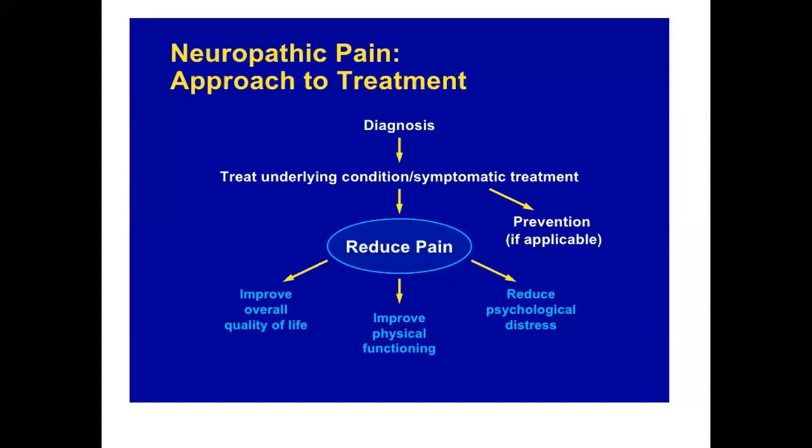At the end of the day, reducing psychological distress is also very, very critical. So treat the disease or the causative factor. If you're dealing with a patient with metabolic disturbances, be they ionic or other factors, treat it.